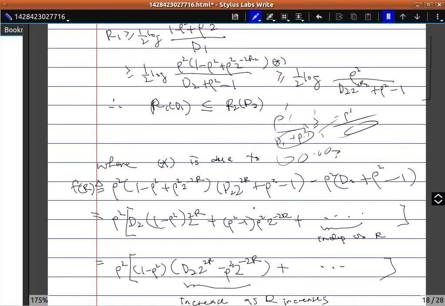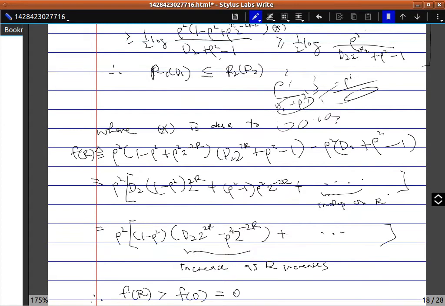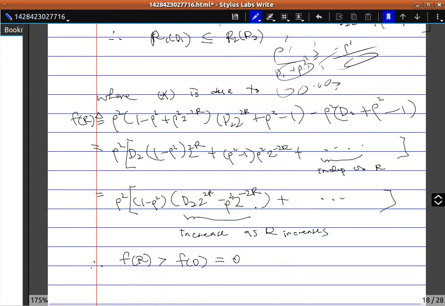And if we look at this function here, this multiplied by this minus this multiplied by this again, what we find is that we have a bunch of terms. The rest of the terms are actually independent of R, and only a couple of terms depend on R, and we can summarize those terms into something like this.